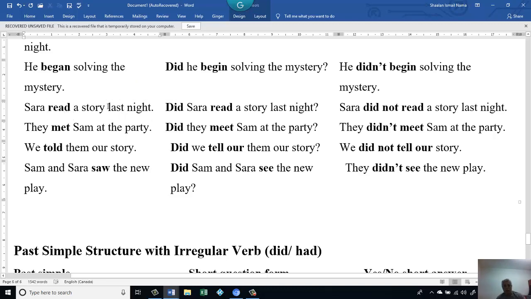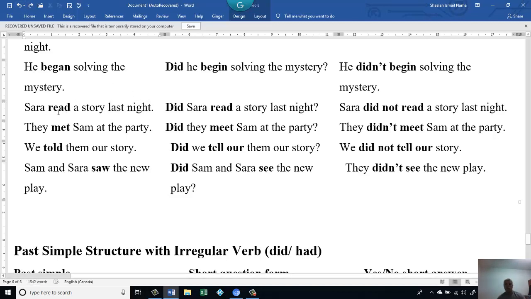Because if it's in the present, let's say I don't have last night here, then I know definitely this is not in the present time. Because if it is in the present time, then I have to add s here. Because I don't have s, it means definitely it happened in the past. Okay, this is the second solution.